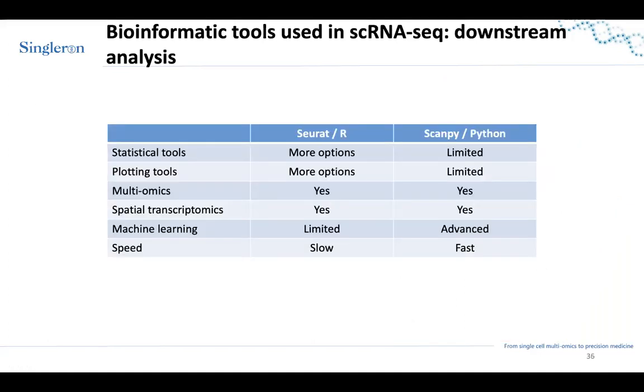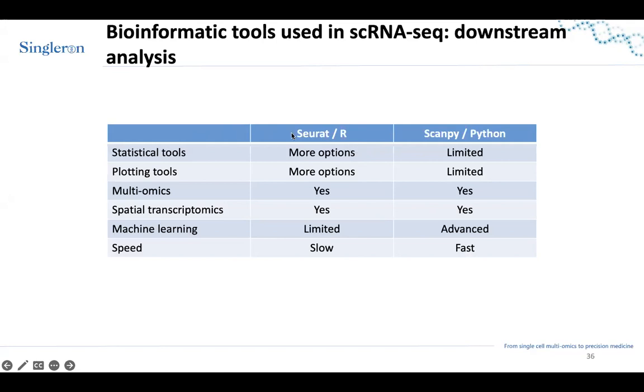So I think many people are interested in a comparison between Seurat, scanpy, or maybe R and Python. Of course, there are people who are fans of R, people who are fans of Python. I mean, everyone has their own reasons, and they are right. Because when you go through this table, you will understand quickly why.